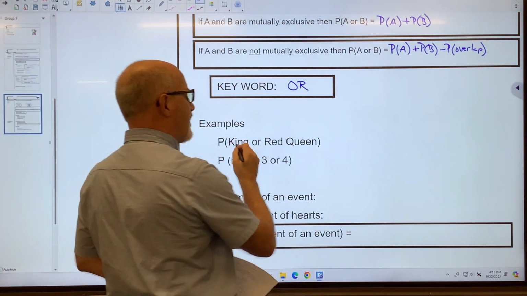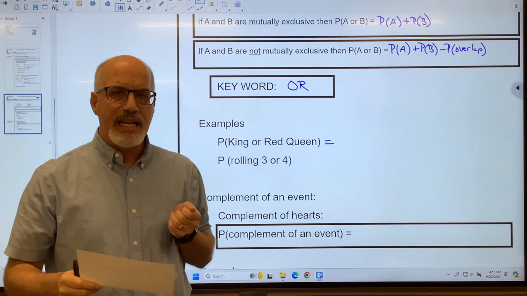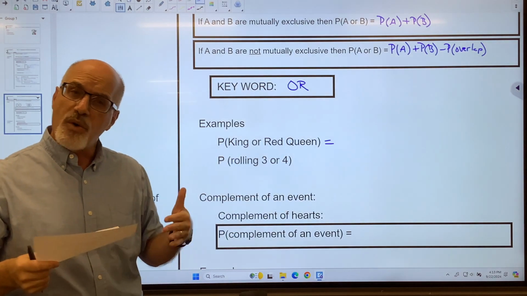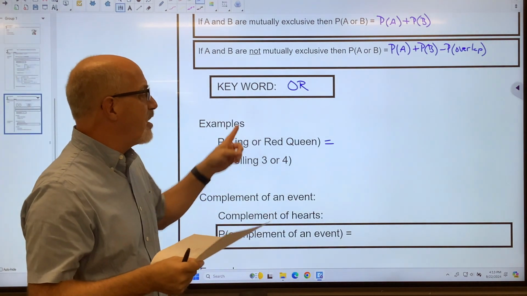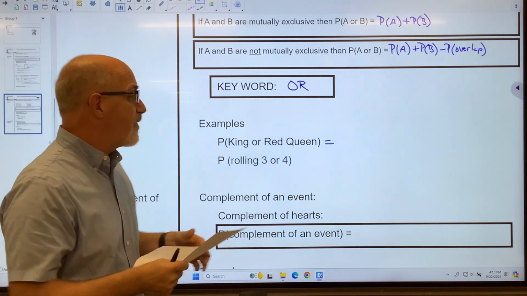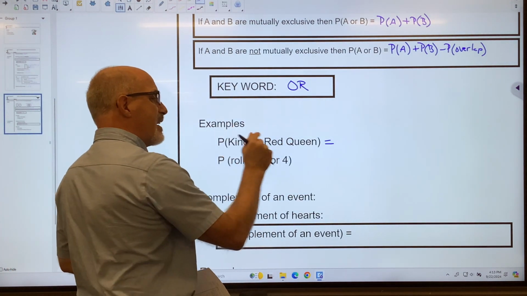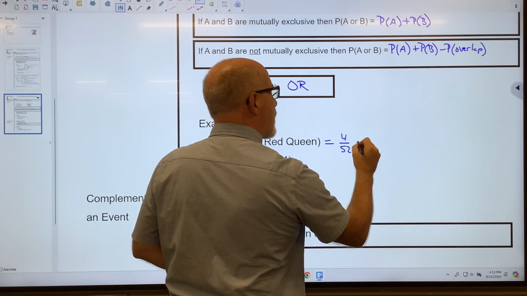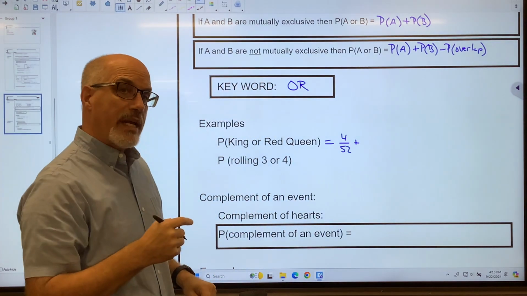What's the probability of a king or a red queen? Now, if I pull out a king, that's not taking any of the red queens away. So there's no overlap between those 2. If success is measured as a king or a red queen, to figure out the probability, you're going to figure out the probability of a king. There's 4 kings out of the 52. And we're going to add to it the probability of the red queen.